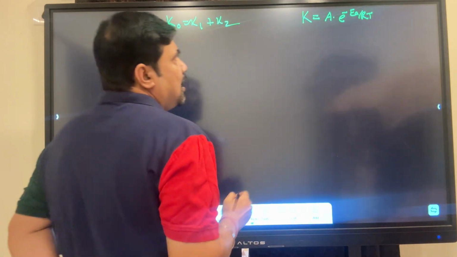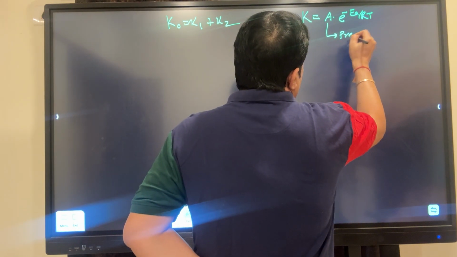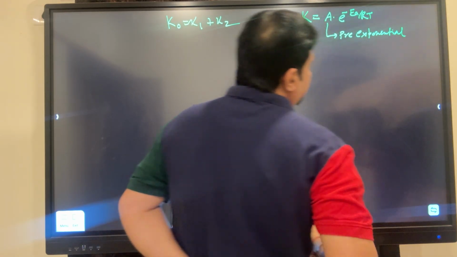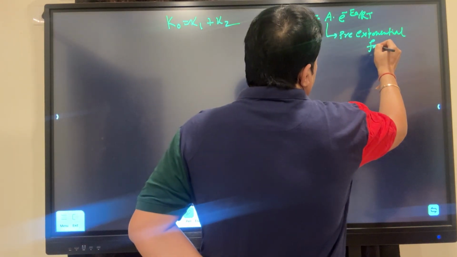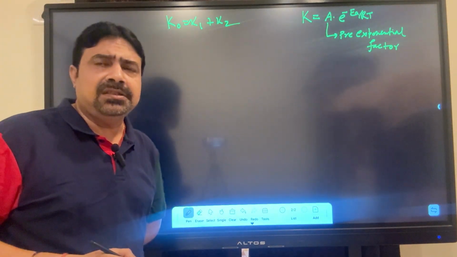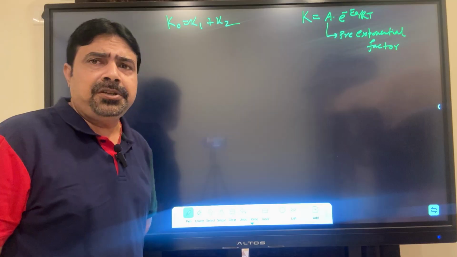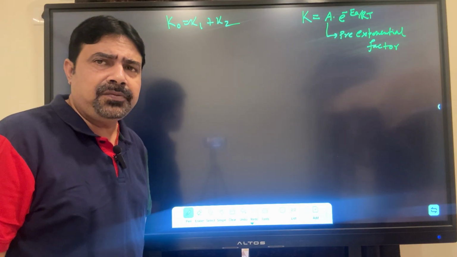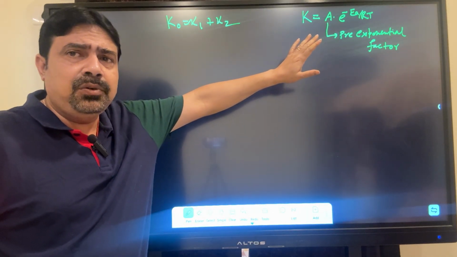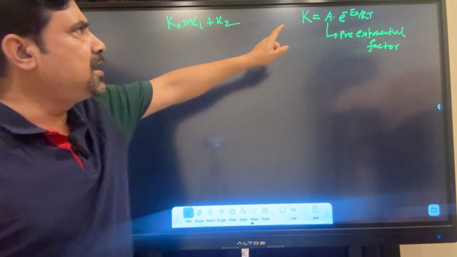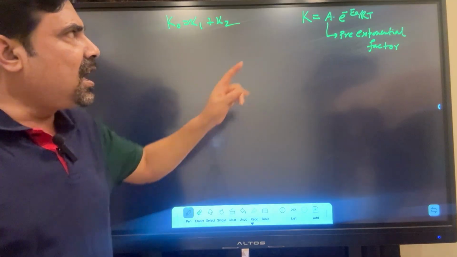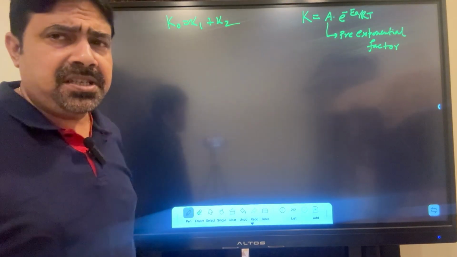This is the Arrhenius equation, where A is the pre-exponential factor, and A depends on two factors: A equals P into Z. P is the steric factor, Z is the collision frequency, the number of collisions per unit time per unit volume. That is another discussion, in another video I will elaborate on the Arrhenius equation. So K equals A into e to the power minus Ea by RT, where Ea is the activation energy, R is the universal gas constant, and T is the temperature in the Kelvin scale.